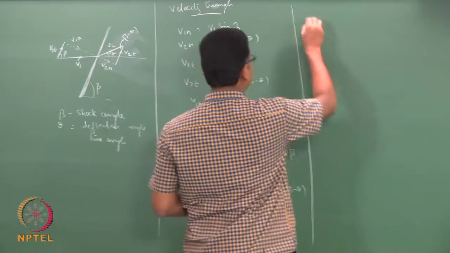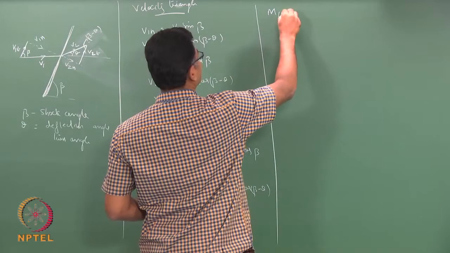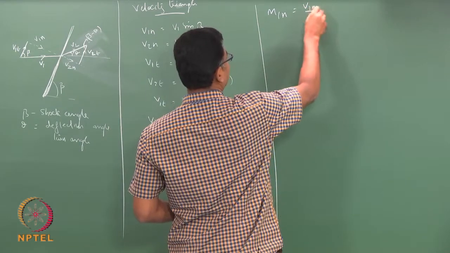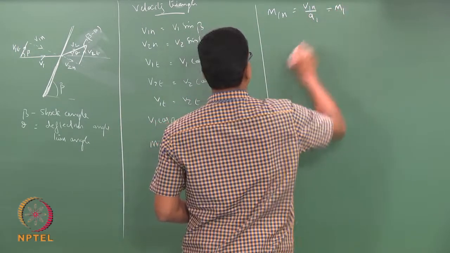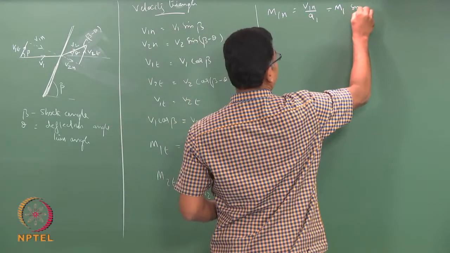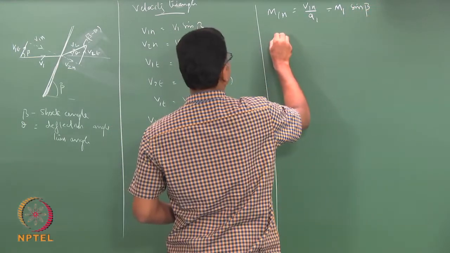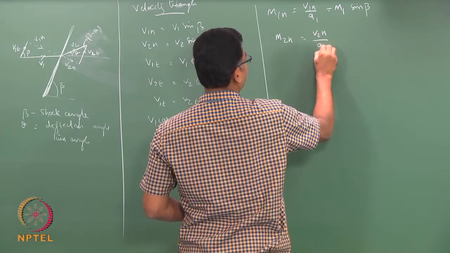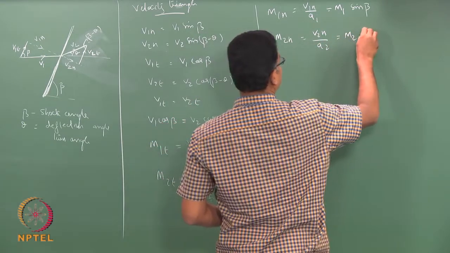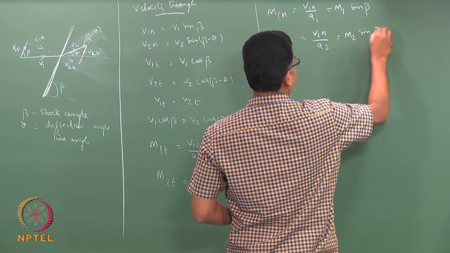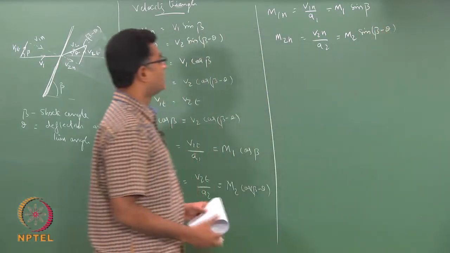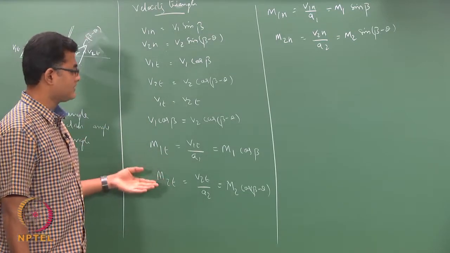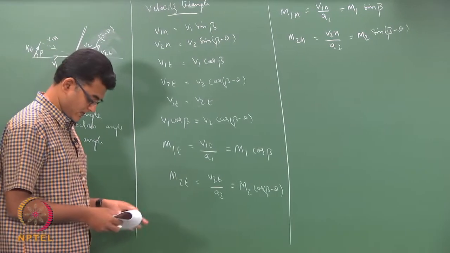Likewise, M1n, the Mach number based on the normal velocity before the shock, is M1 sin beta. M2n is V2n by a2, which is M2 sin(beta minus theta). Okay. So, those are the components of the Mach number based on the components of velocity.